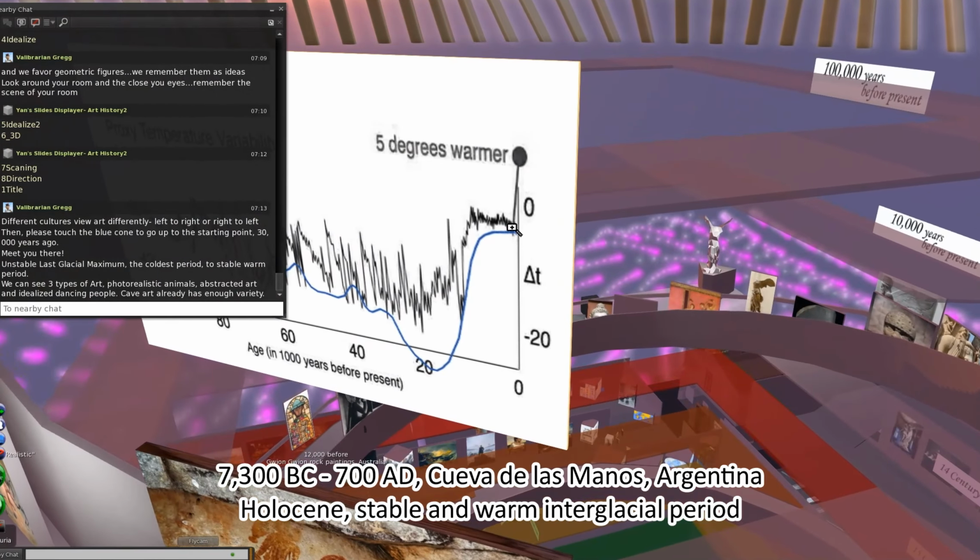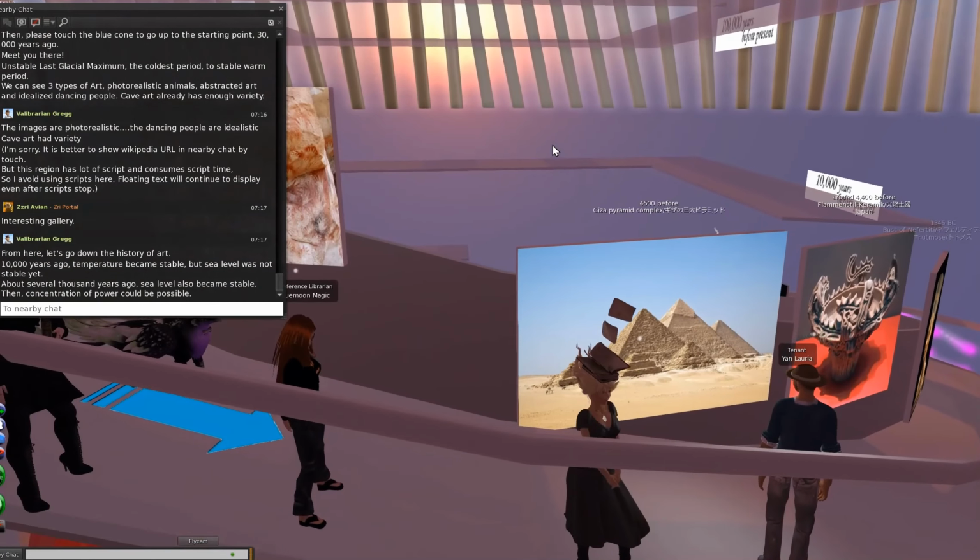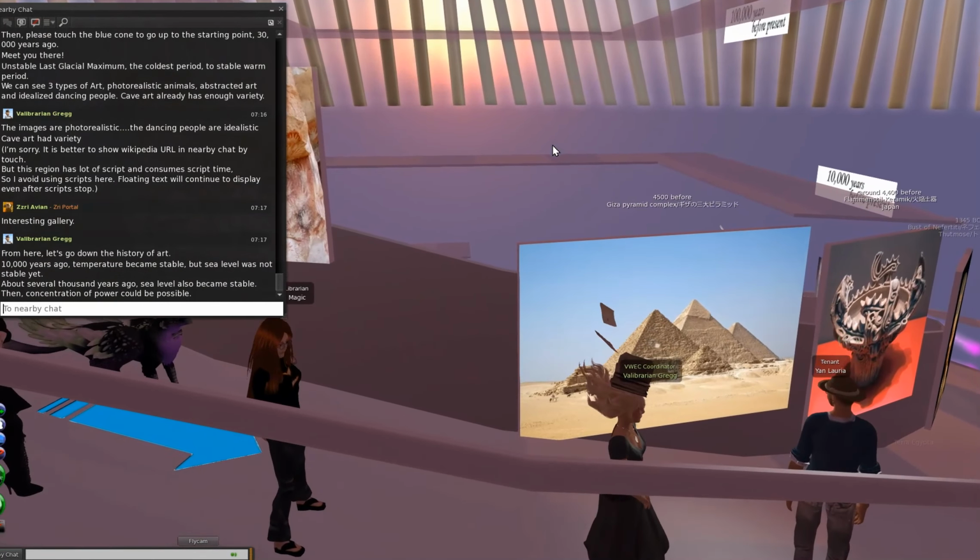Huge ice sheets on the continent were melting and flowing into the ocean, so sea level was rising. But several thousand years ago, sea level also became stable. Then concentration of power could be possible.